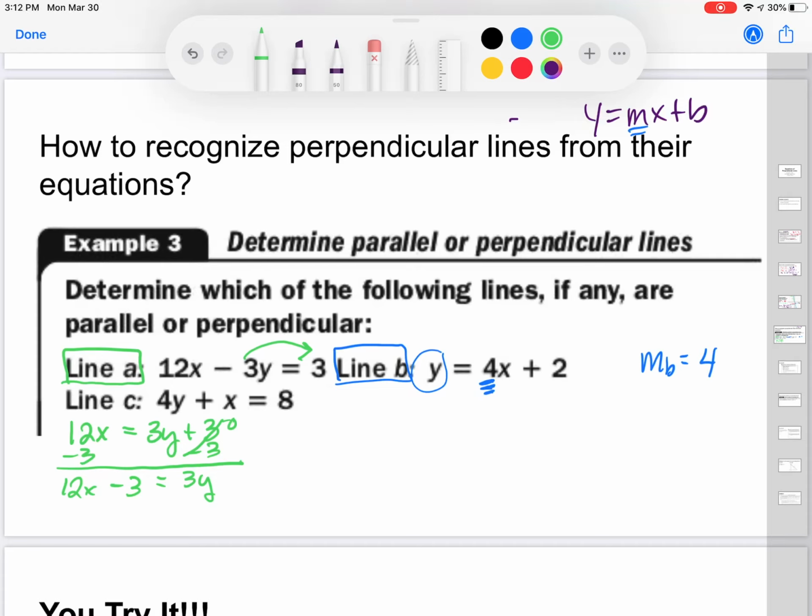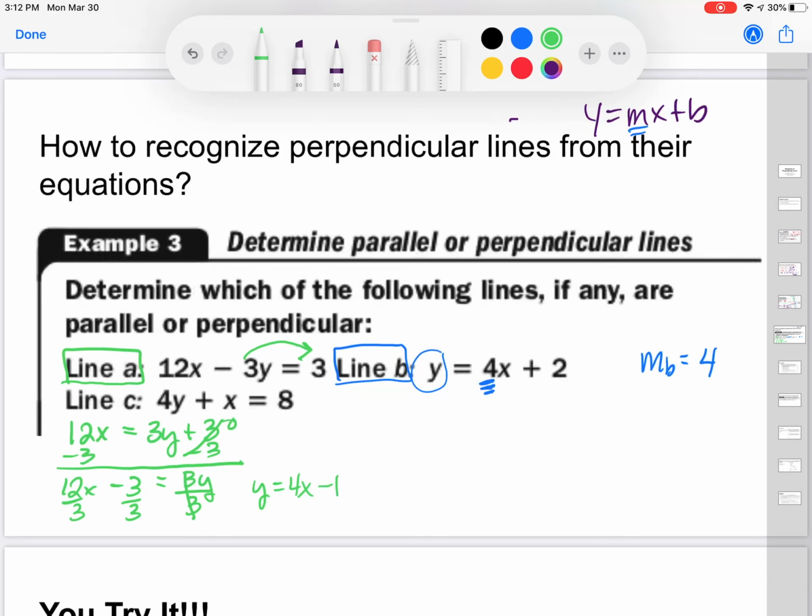So if I have a multiplication, I get rid of that 3 by simply dividing it. Do the opposite operation. And we're going to divide the 3 into each term because I want to get that slope, okay? So I have to simplify it by simplifying each term. And we're going to get y equal to 12 divided by 3 is 4 times x. And negative 3 divided by 3 is a negative 1.